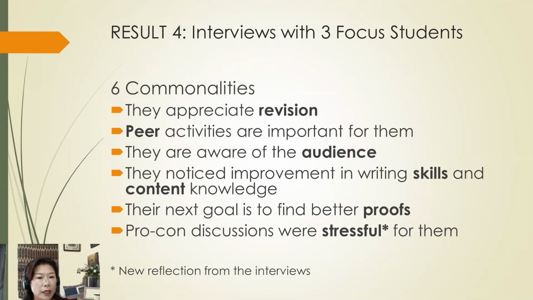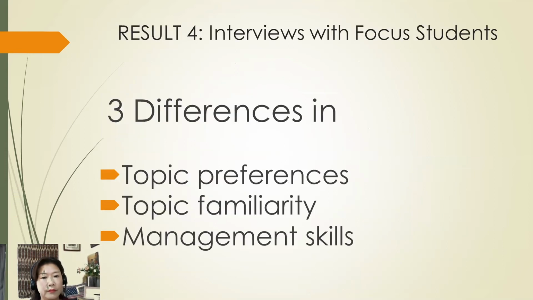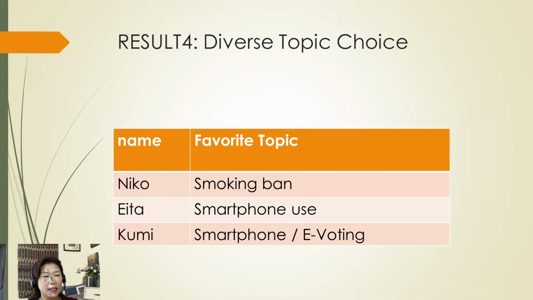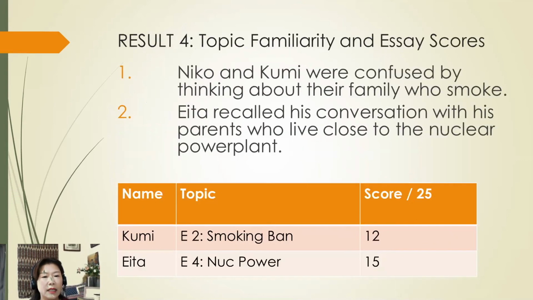The new information from this interview was that pro-con discussions were stressful for them. And they showed 3 differences: in topic preferences, topic familiarity, and their management skills. Topic preferences are shown in this table. As you can see, they had various preferences.